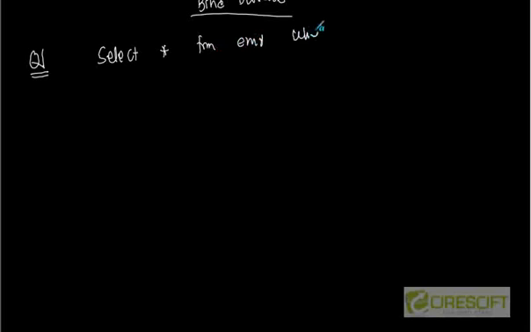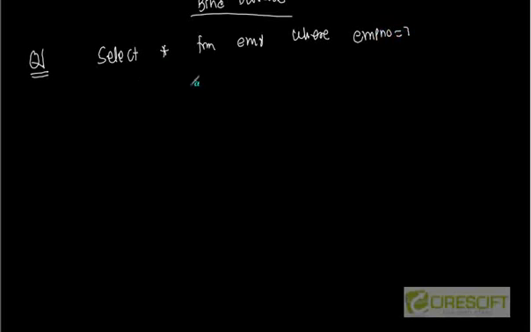We want to explain another important concept called bind variable. Let's try to understand what a bind variable is, and how people used to mess it up and make the Oracle database very low performing. Let's say query Q1: somebody gives select star from EMP where employee number is equal to 1. Let's say this is the first time.